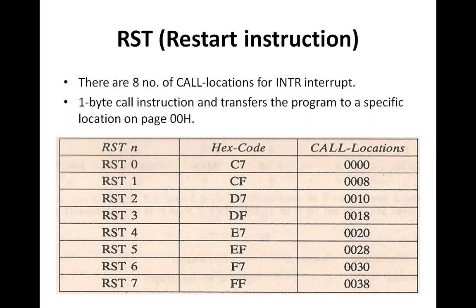Now these instructions come under the instruction set of 8085, and these instructions are single byte instructions. The purpose of using these instructions is to transfer the program execution to a specific location on page 00. Page 00 has different locations: 00, 08, 10, 18, 20, 28, 30, and 38.